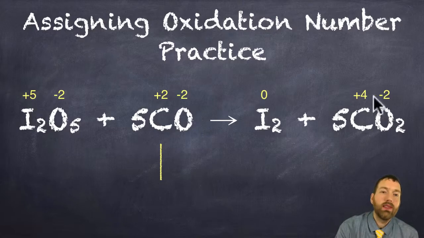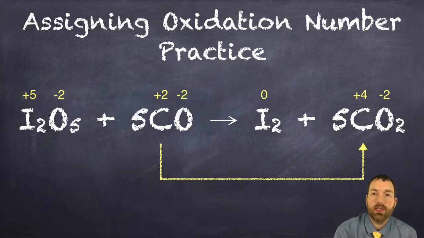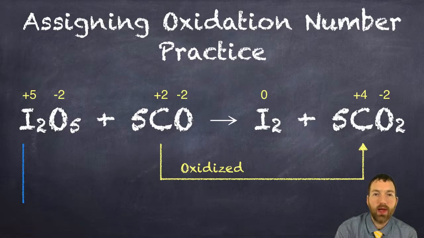So in this example, the carbon goes from a +2 to a +4. So its oxidation number went up. So it was oxidized.